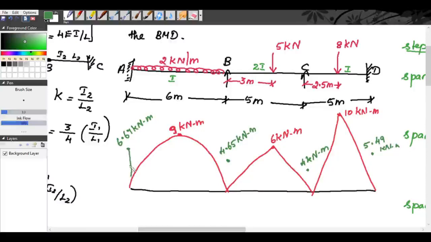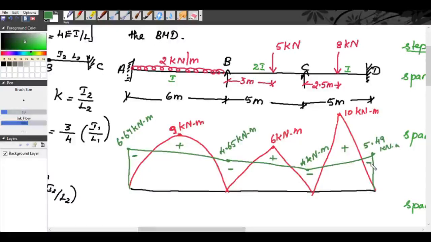So here we will draw the magnitude. We will join from this to this, and join again. So here, see, this is negative, this is positive, negative, positive, negative and positive.